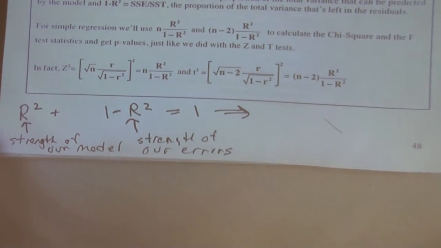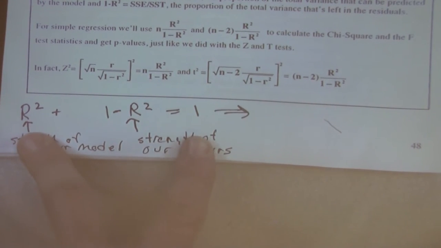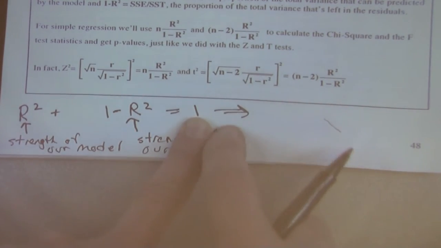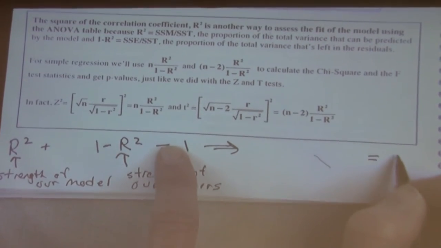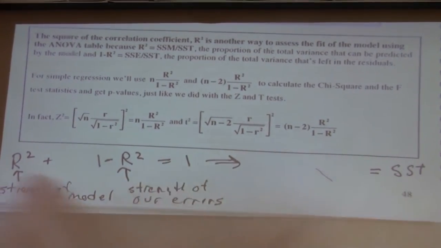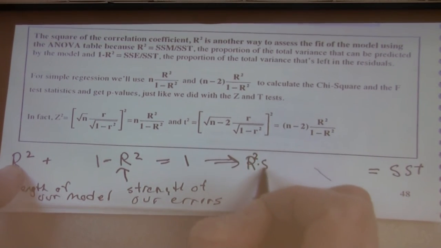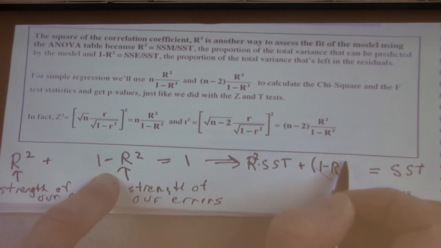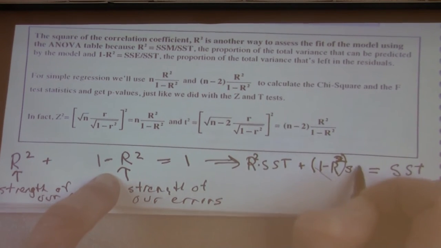So another way to think of this partition of the variability of the y's is that we're trying to break up the total variability of the y's, so we multiply both sides by the sum of squares total: R squared times sum of squares total, plus 1 minus R squared times sum of squares total.